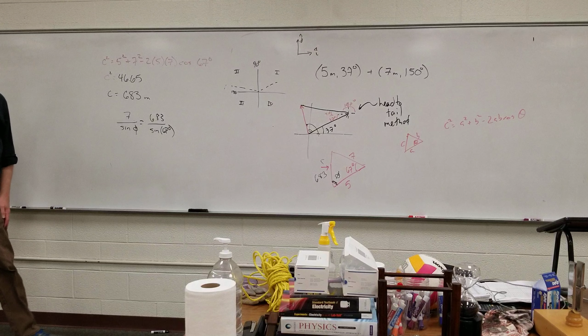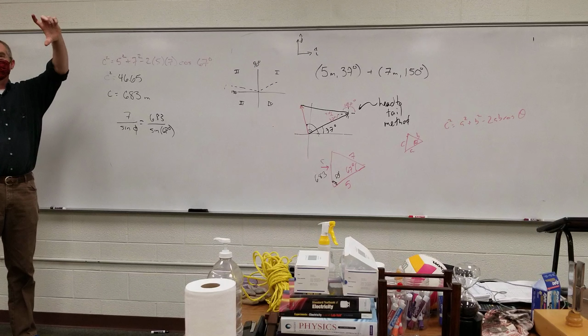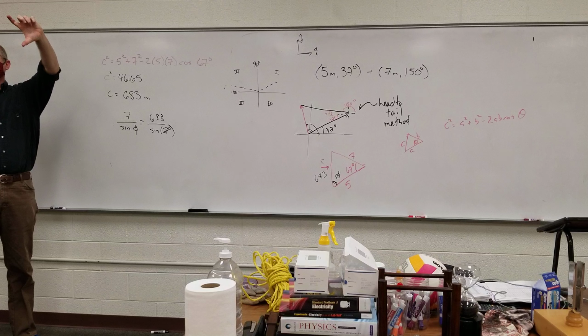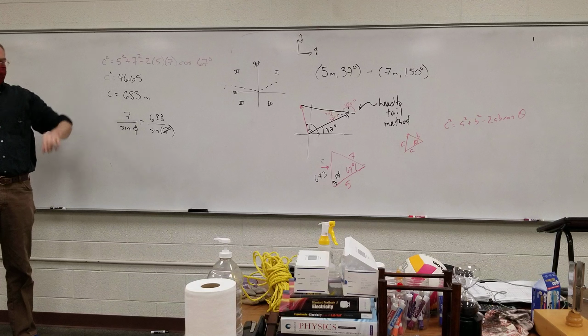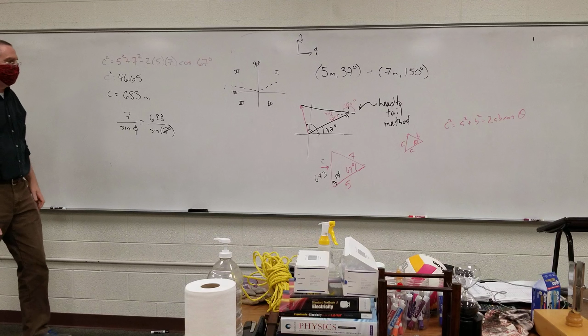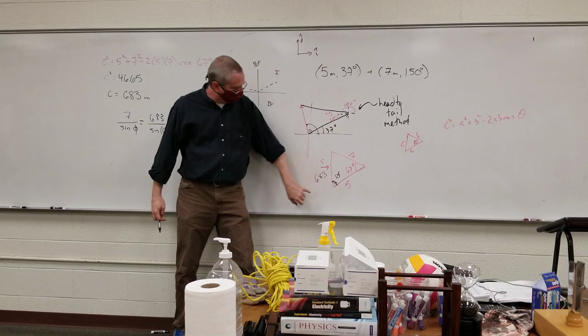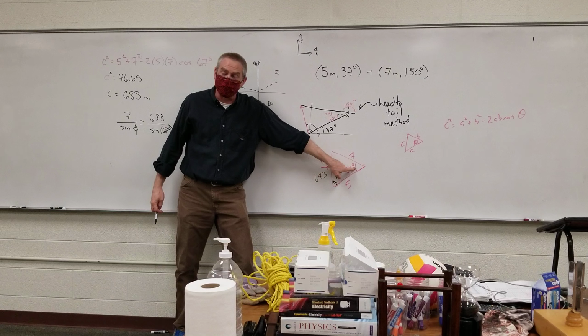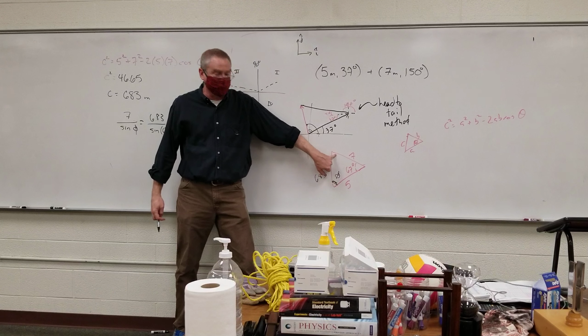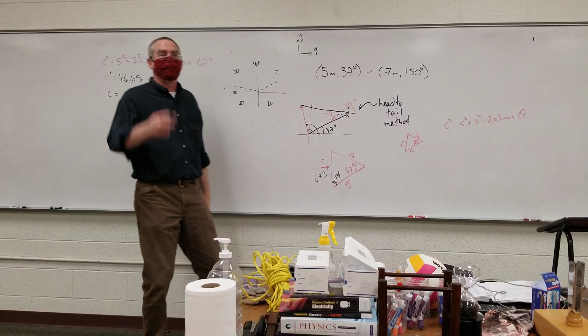The pattern goes the length of a side over the sine of its opposite angle. That ratio is constant. So 7 over the sine of this angle is equal to 6.83 over the sine of that angle, which is equal to 5 over the sine of that angle, but we don't care about that angle.